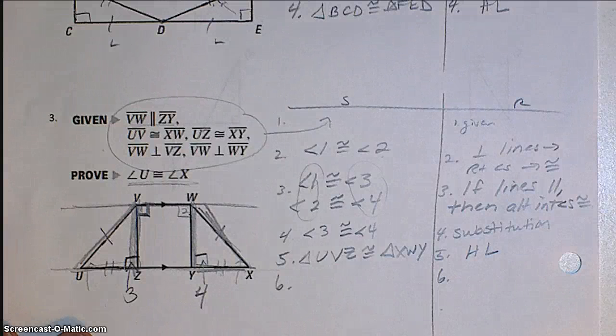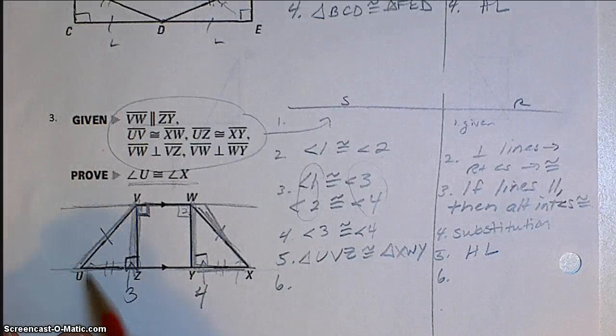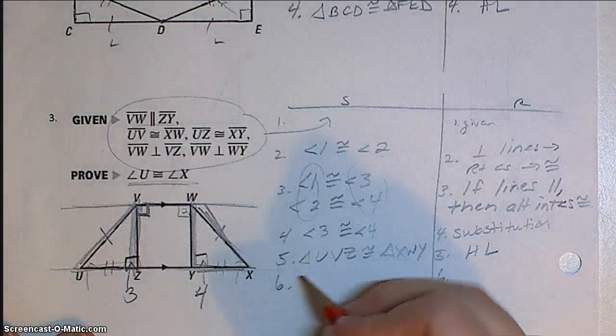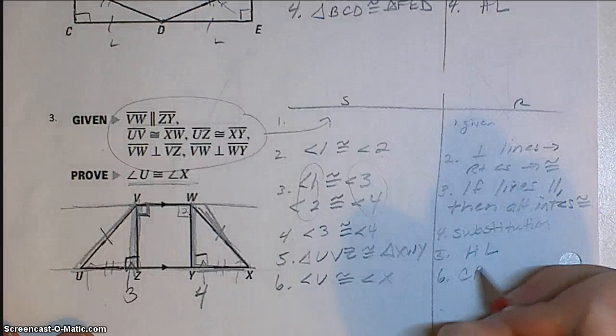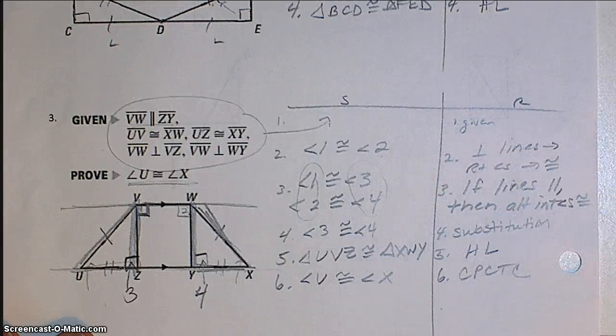Alright, if those triangles are congruent, that means all the corresponding parts that are left over are also congruent. So therefore U and X are congruent because of CPCTC.